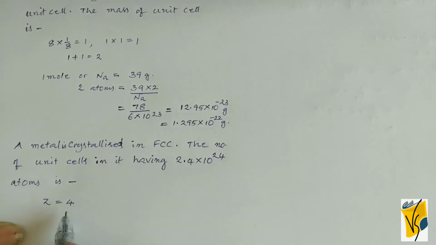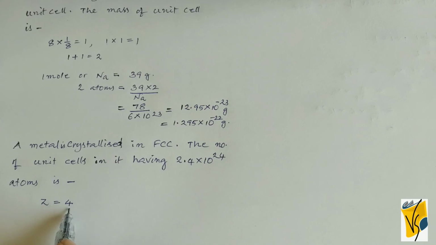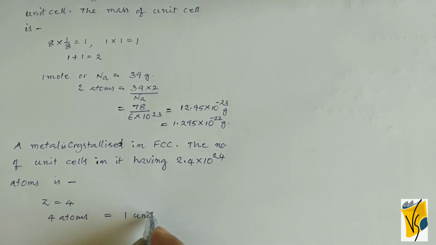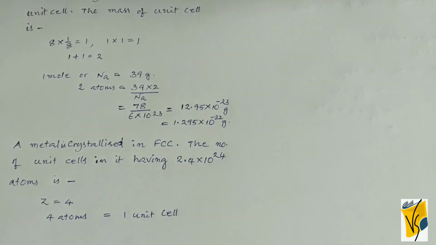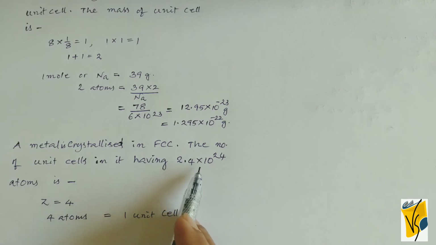Effective number of atoms in FCC is 4, because atoms are present in the corners and 6 faces. So effective number of atoms is 4. So 4 atoms is equal to 1 unit cell.